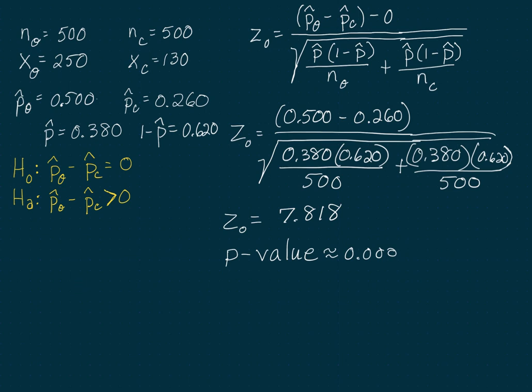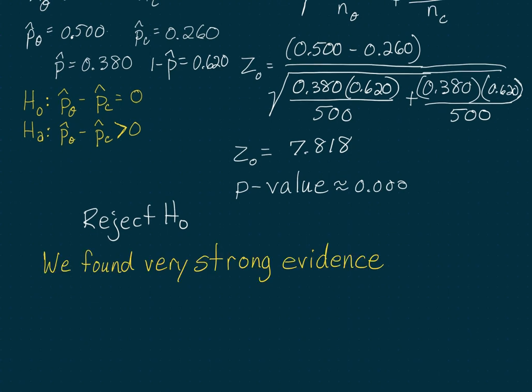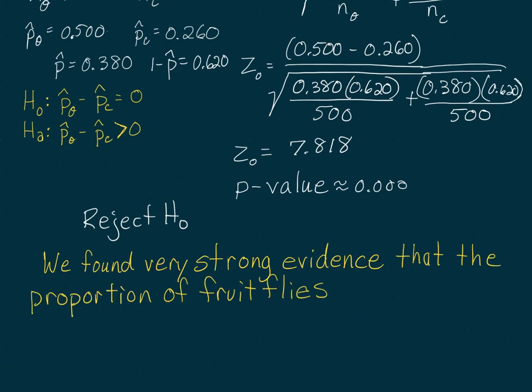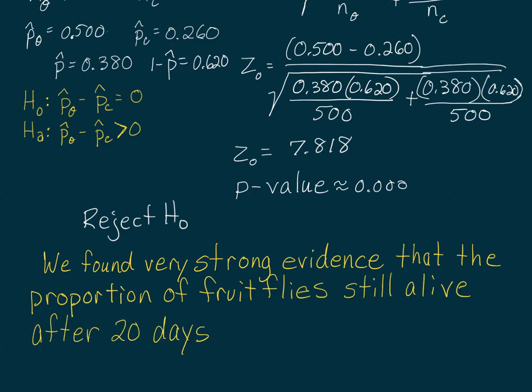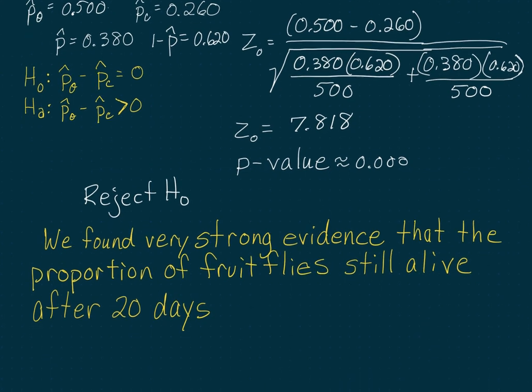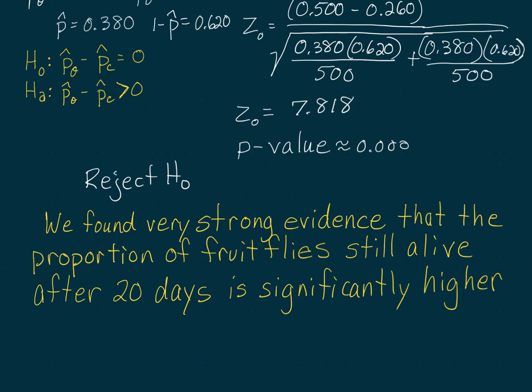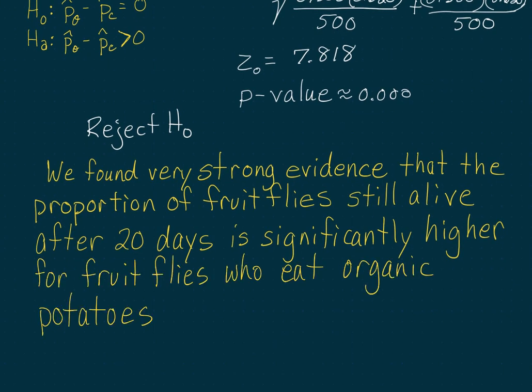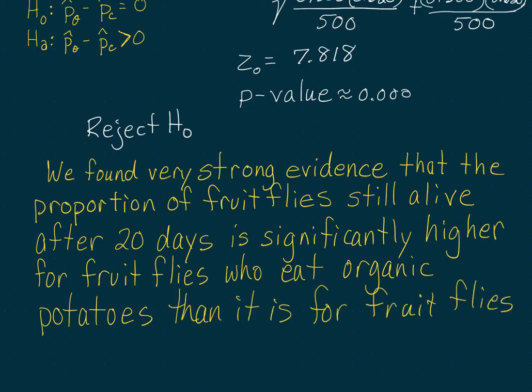There is strong evidence that we should reject our null hypothesis. And let's state this conclusion formally. We find very strong evidence that the proportion of fruit flies still alive after 20 days is significantly higher for fruit flies who eat organic potatoes than it is for fruit flies who eat conventional potatoes.